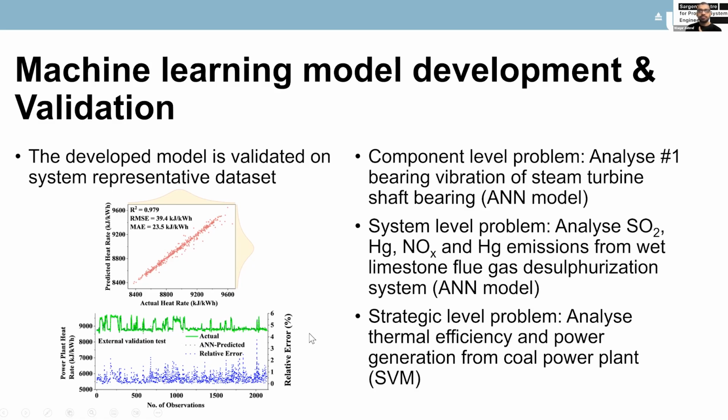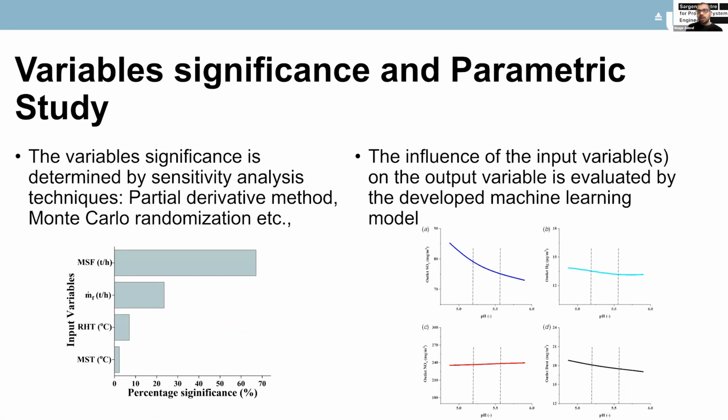So once the model was ready, the very next point is to gain some insight about the system, for which purpose we deployed the sensitivity analysis algorithm to get to know which is the most significant input parameter. For sensitivity analysis, we have used the partial derivative method and the Monte Carlo randomization technique in our results.